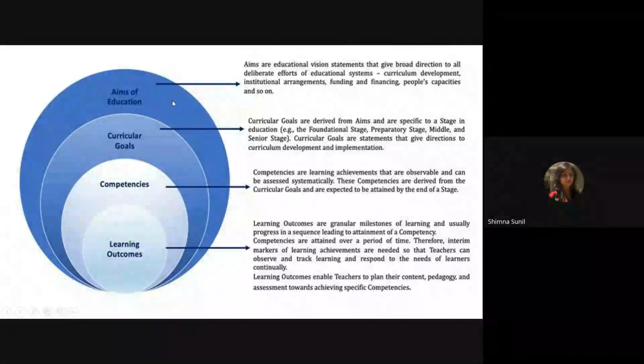If I say I want to create autonomous learners, that is self-independent learners, that is my aim of education. That is the aim of the policy makers, the education ministry, and what the CBSE aims for: the children should be independent learners.